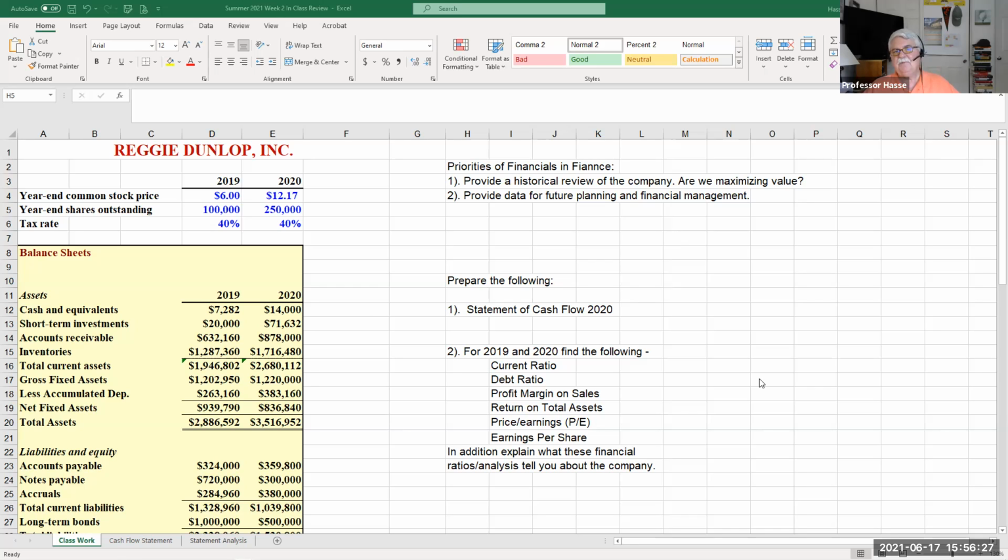So the financial statements provide two bits of information for the strategy and planning of our company: historical review and data for that future planning in financial management.